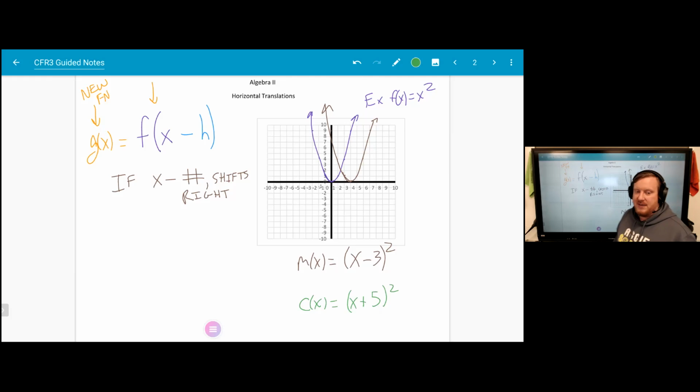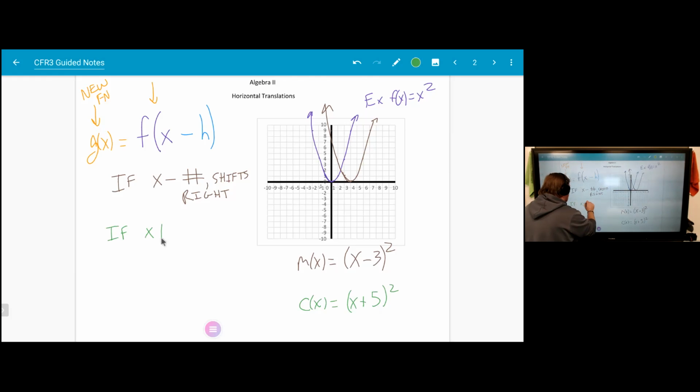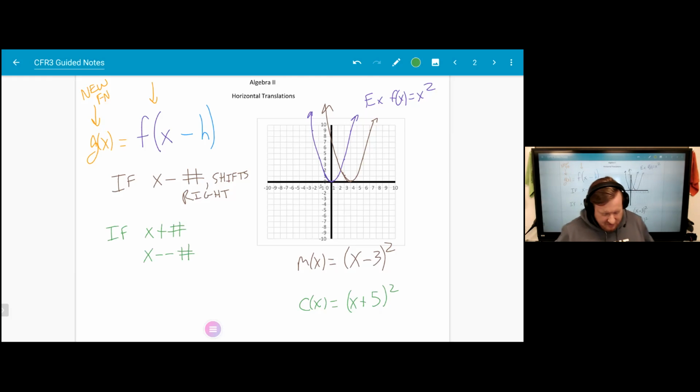This would actually shift it 5 units left. So in other words, on the inside, if you have x plus a number, well, it's the same, right? Because plus you could also represent as minus a negative, or x minus a negative number, and that's why it shifts left.